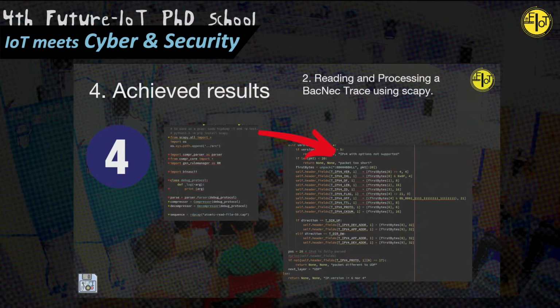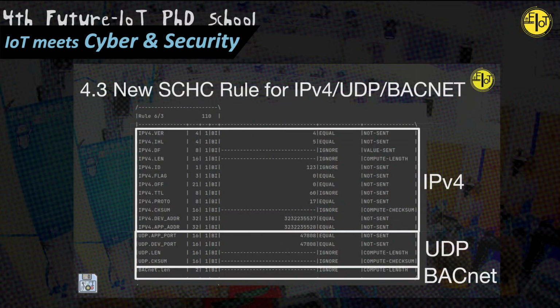The next step, after reviewing all the IPv4 headers and putting them in the parser, is that we create the rule for IPv4. When building the rule for the compression, we say we are not going to send this, we are going to compute this, or we are going to ignore that.